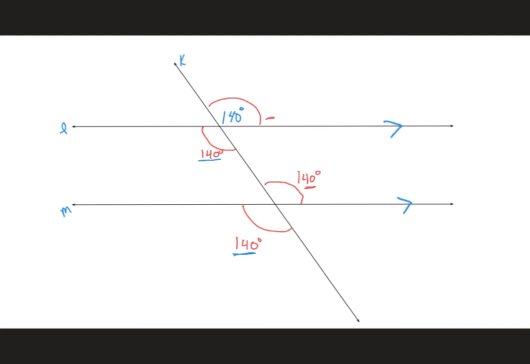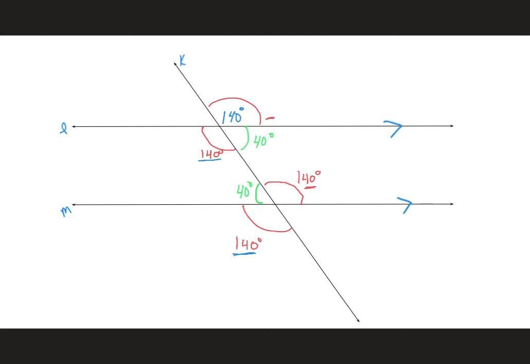Now I can use the same side interior idea. Same side interior says that if you have 2 angles on the same side inside the parallel lines, then they have to be supplementary. They have to add up to 180. So 140 plus 40 would give me 180. So this angle in green has to be 40 degrees. And then because of alternate interior, I know that this other angle is also 40 degrees.